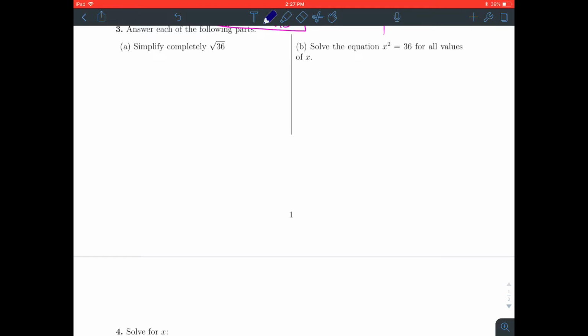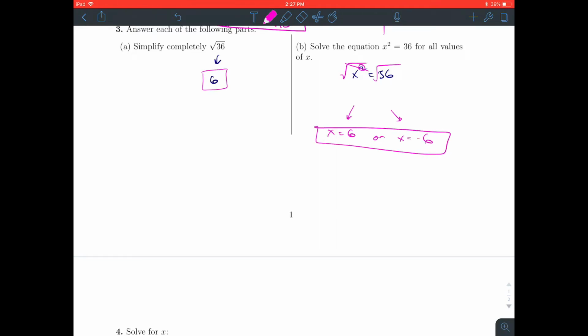This is a really key point from our Do Now today that I wanted to review. So this is something that confused me all through high school. Square root of 36 is just a single number. It's just 6. However, when you solve the equation x squared equals 36, because we have a power of 2 here, we're expecting 2 answers. In order to find those answers, we take the square root of both sides. We get x equals 6 or x equals negative 6.